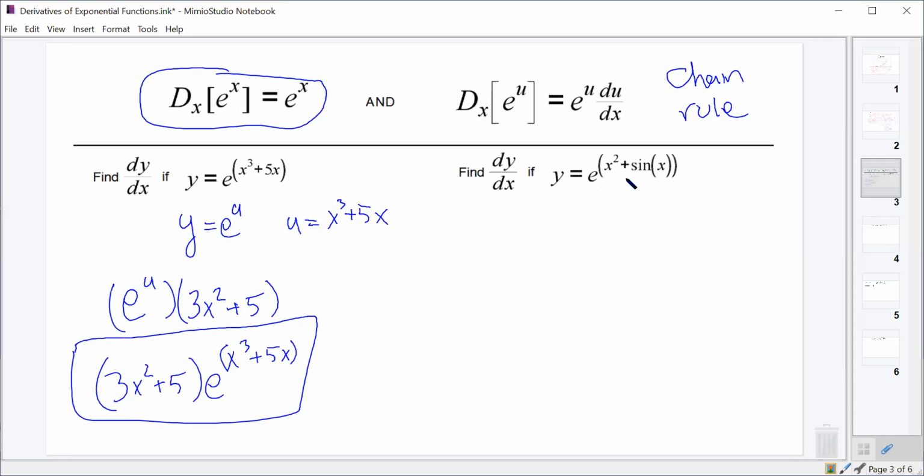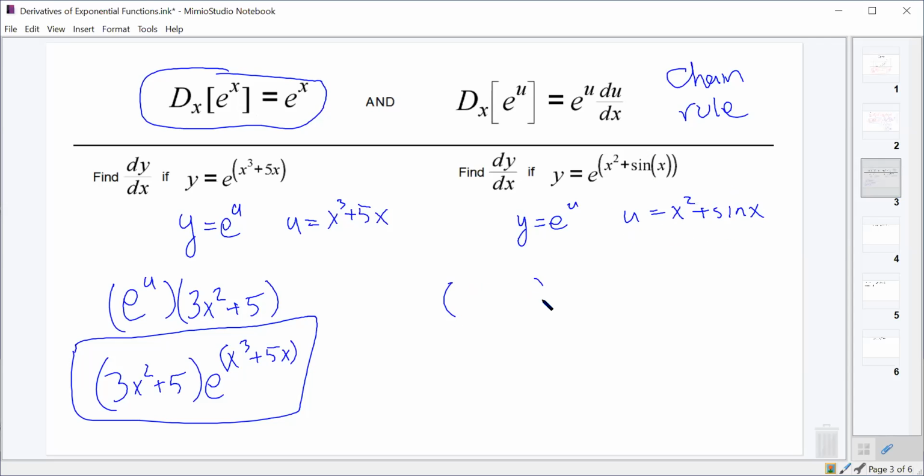All right, what about this one? y equals e to the x squared plus sine x. That's just y equals e to the u with u equal to x squared plus sine x. So what's the derivative of x squared plus sine x?